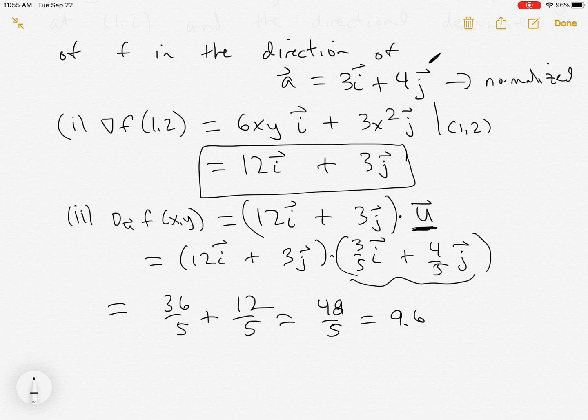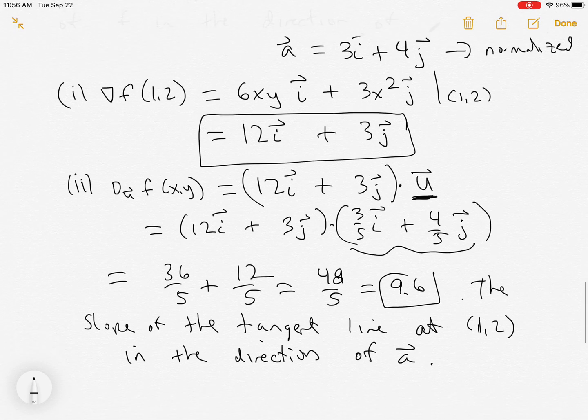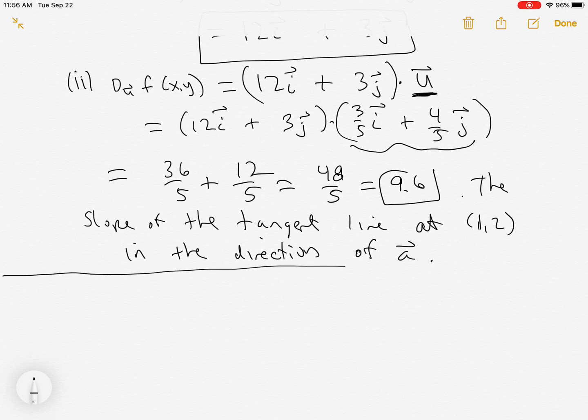All right, so this number is the slope of the tangent line at (1, 2) in the direction of A. So these directional derivatives and gradients are huge, and we use them a lot in the days to come.